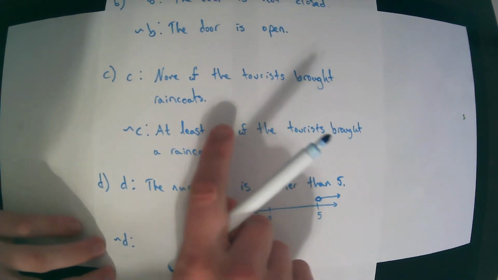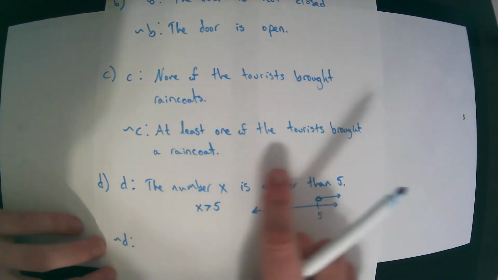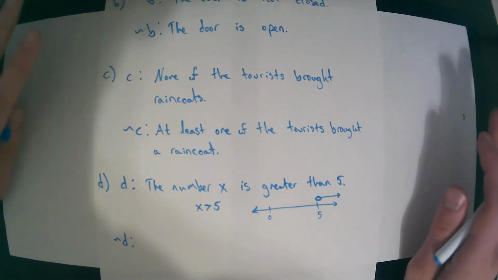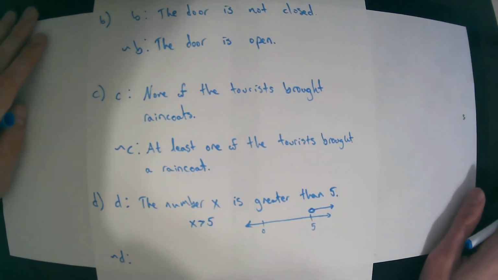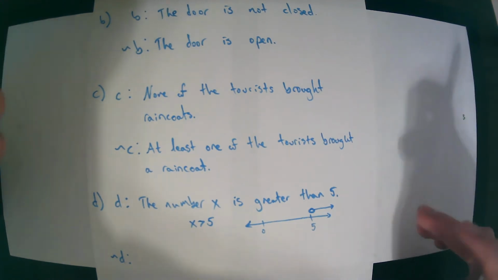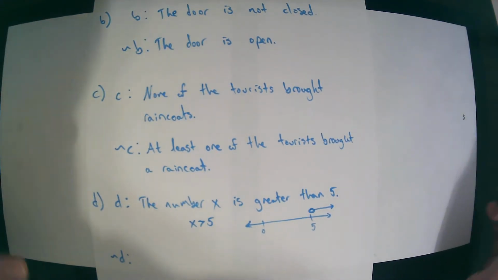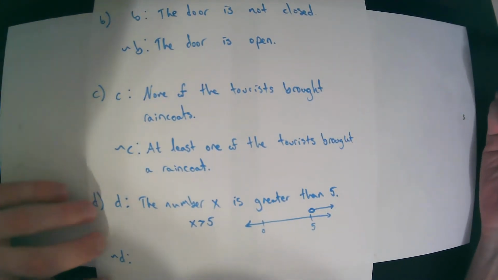Just like back here with saying none of the tourists brought raincoats, the logical opposite, if we said all of them brought raincoats, that's not true. It would be a part of the logical negation, but what about the case when 2 of them have raincoats and 3 of them don't? So you've got to consider all the possibilities.